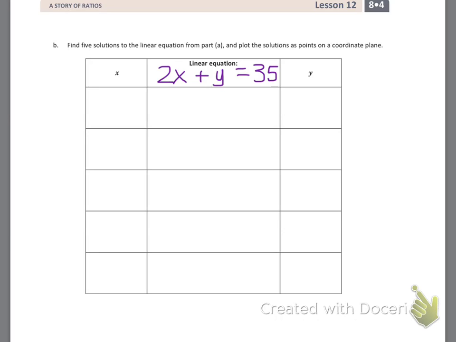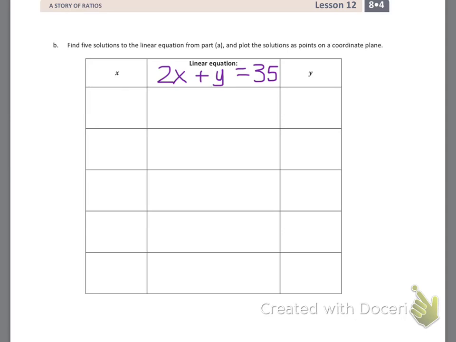So I'm going to use the same methods that I've used before by picking values for x and y that give me solutions, and then we'll plot those on the coordinate plane. Okay, so play around with that and then come back and check and see what points I did. They might not be the same as yours, but you can check to verify that they're correct.